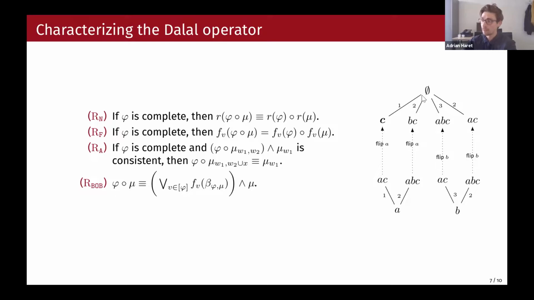And now you look at what the empty set would choose in this situation, and it would be C, based on the previous argument. Now, C corresponds to a model of mu, which you get by reversing this flipping operation, and then taking the intersection with mu. So it's those models of mu that end up being chosen by the empty set in the situation where everything is reduced to this common denominator.